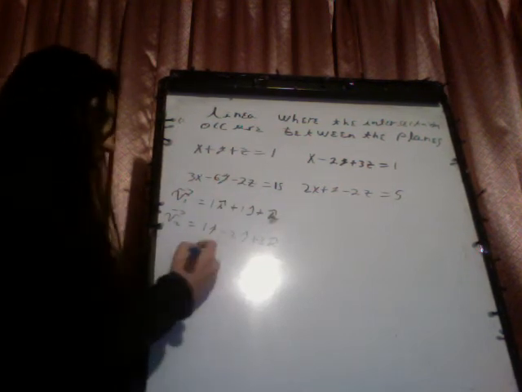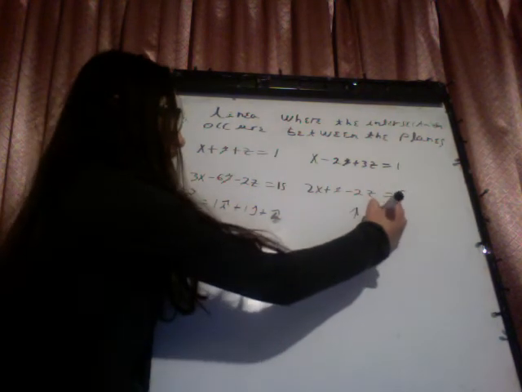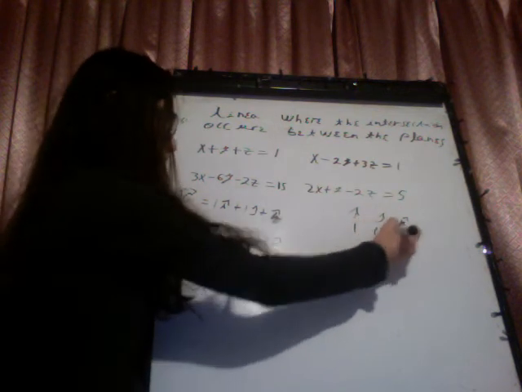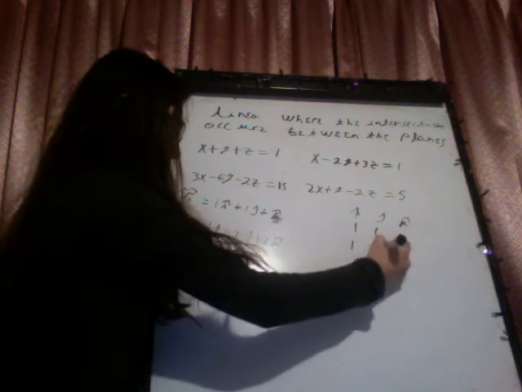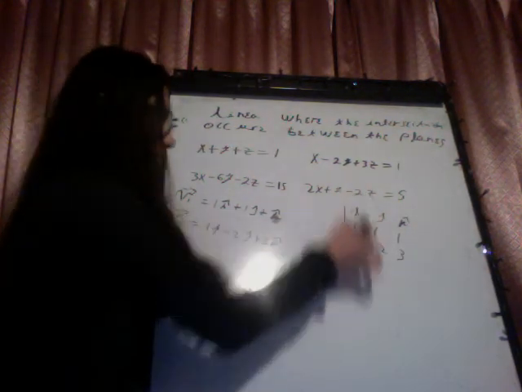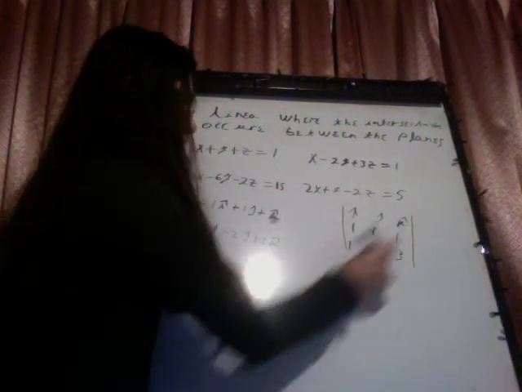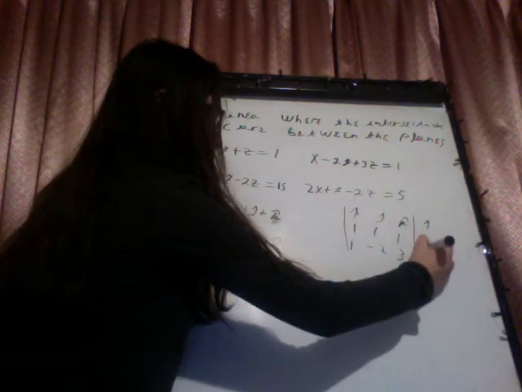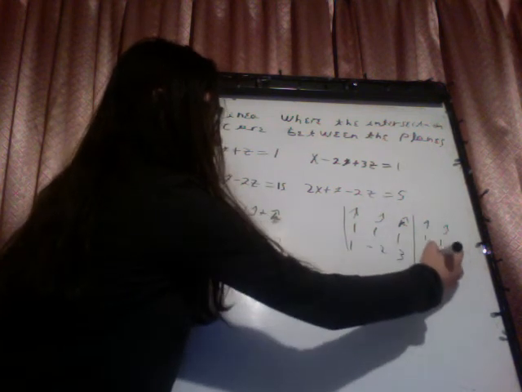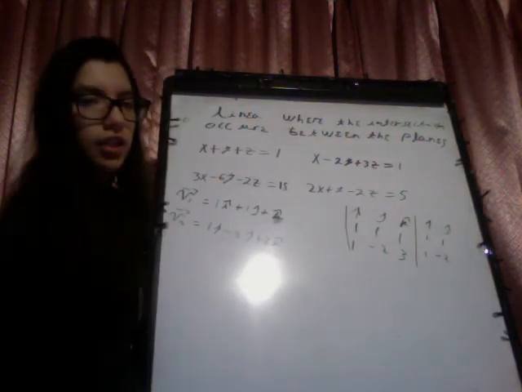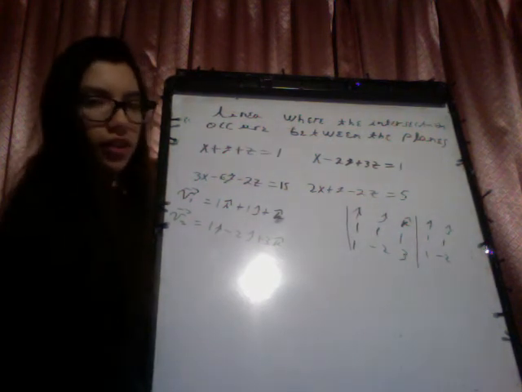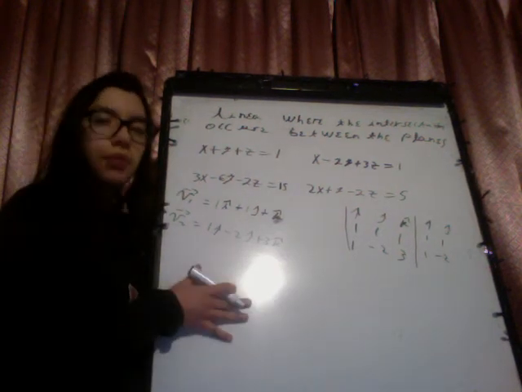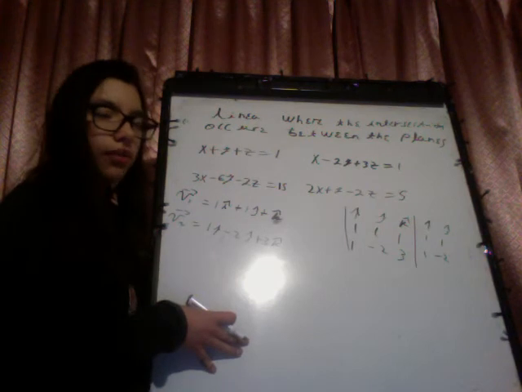So we have i, j, k, 1, 1, 1, 1, minus 2, 3. For me, it's easier to put the first two columns again. And I realized that in the other video there were at least two mistakes that I didn't correct, but they were just arithmetical mistakes. So hopefully you have the idea of the concept.